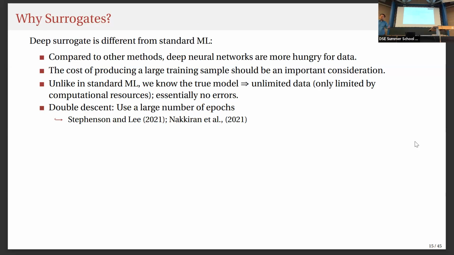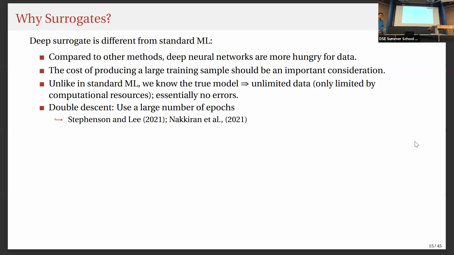There's no way of getting around generating a large training sample. So what kind of application would be sensible for building a deep surrogate? Producing a reasonably large training sample should not be prohibitively expensive. This should be an important consideration.